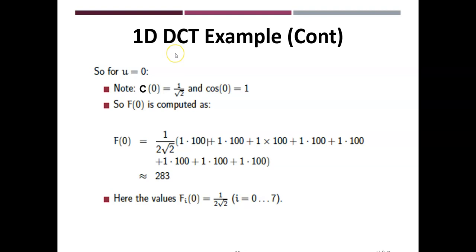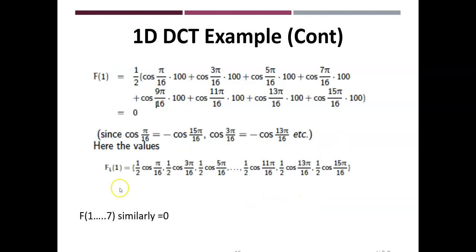Okay, so based on this, first we calculate F0. We calculate F0 using the 1D DCT formula and we get 283. Next, we calculate F1 until F7 using the 1D DCT formula, and the result is 0.